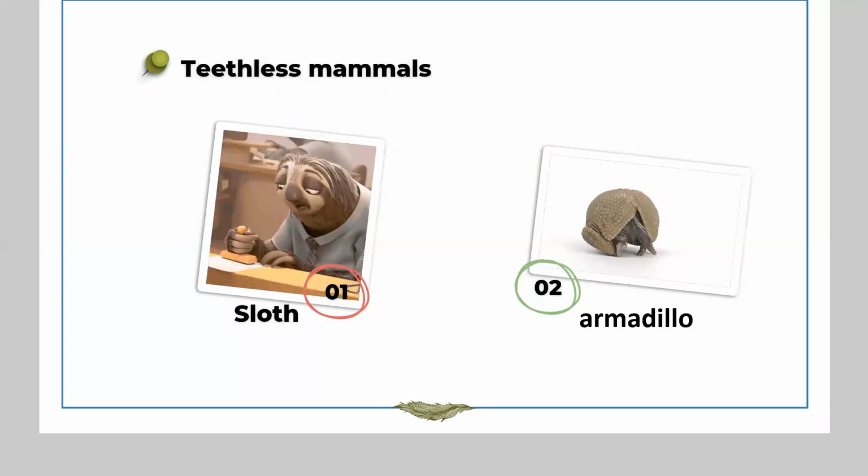So we have sloth and armadillo, two examples for teethless mammals. This means that these two animals don't have any teeth. Both of them don't have any teeth.